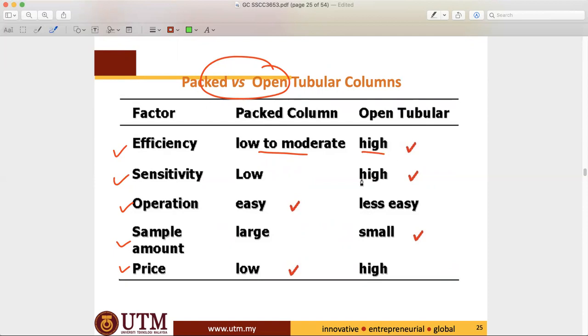The sensitivity is quite low for packed column, but high for open tubular column. Operation for packed column is easy, while open tubular is not that easy. The sample amount needed for packed column is large, but for open tubular is small. The price of course is high for open tubular because you achieve all of these advantages: high efficiency, high sensitivity, and just a small amount of sample used.